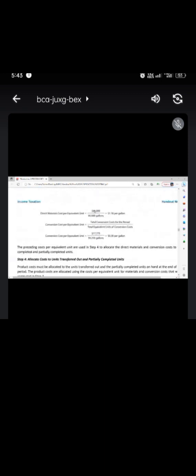And if you can see guys, unsa gitong gi-multiply na to kang 1.10, the 57,000 and the 3,000, which is 60,000 gallons. Ang gibuhat ra nimo guys is that gi-divide nimo sa 66,000 sa kada galon para makita nimo kung pila ang cost ni group 2 ug pila ang cost ni group 3.